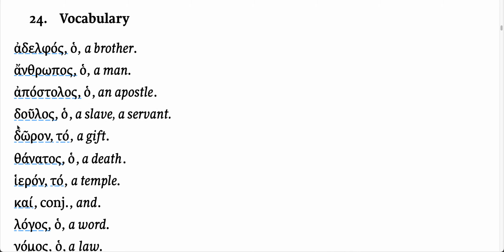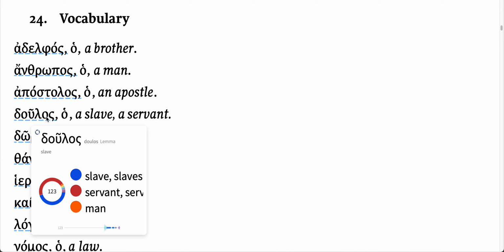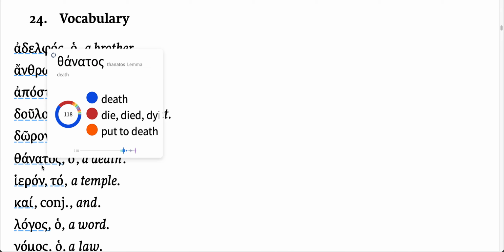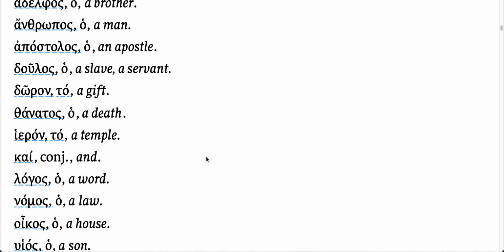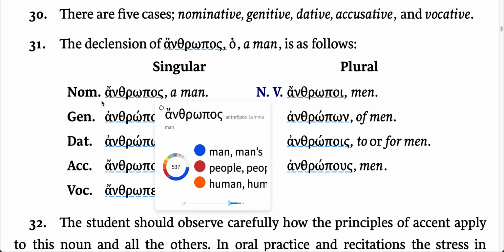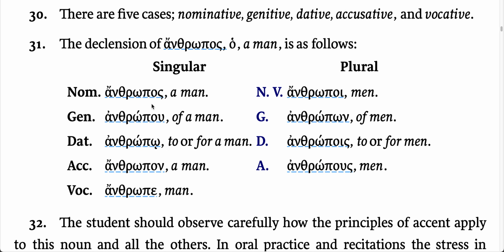There's your stem. Doulos. Take away the omicron sigma, it's doul. Or dole. You take off the omicron nu for neuters. Omicron sigma for thanatos. Thanat. Take away the omicron sigma. So you get the idea. You take away that omicron sigma in the nominative singular form, which is your vocabulary form, then you're going to have the stem, and then you can build the rest of it around it. That's how you can recreate the chart.